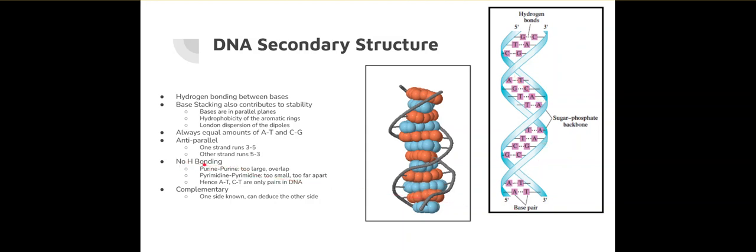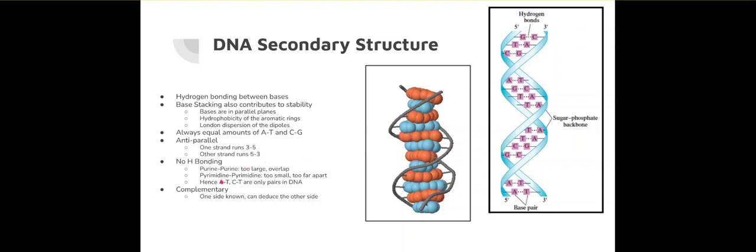There is no hydrogen bonding going on in here, and the reason why is that if you had two purine derivatives in here, they're too large and they would overlap with one another. And if you had two pyrimidine derivatives in here, then they would be too small and therefore too far apart to have any hydrogen bonding between them.